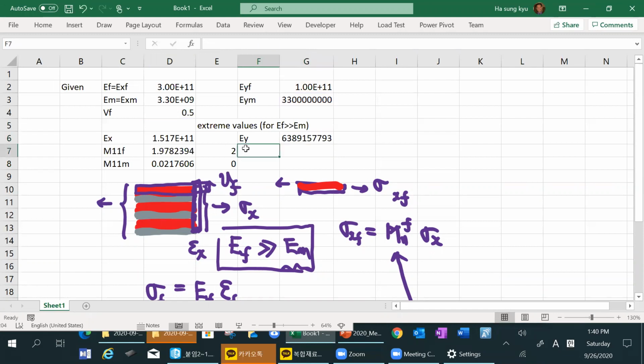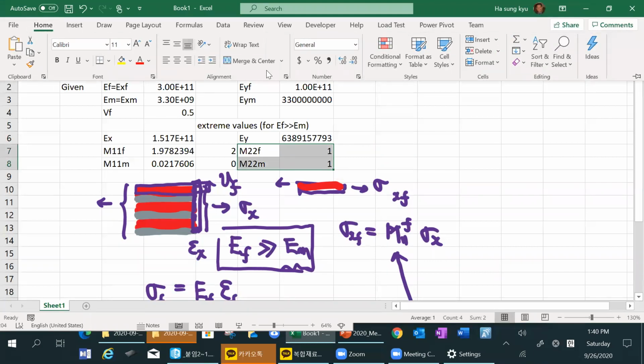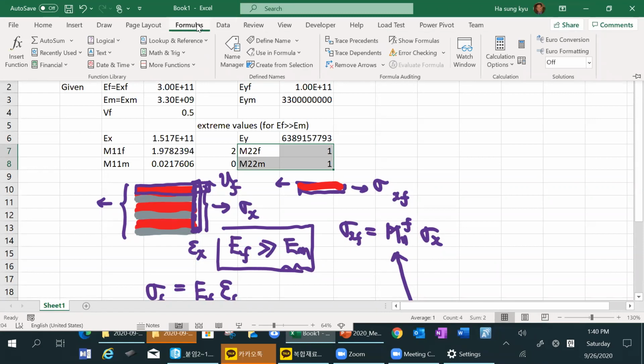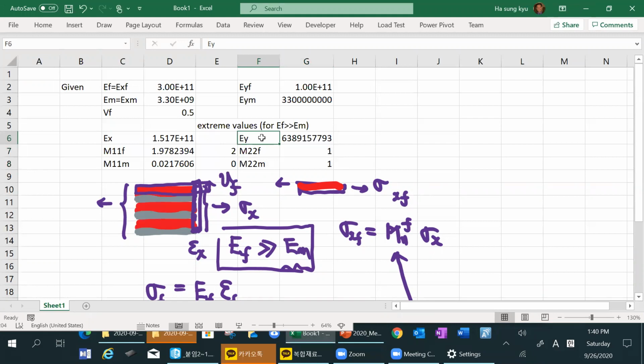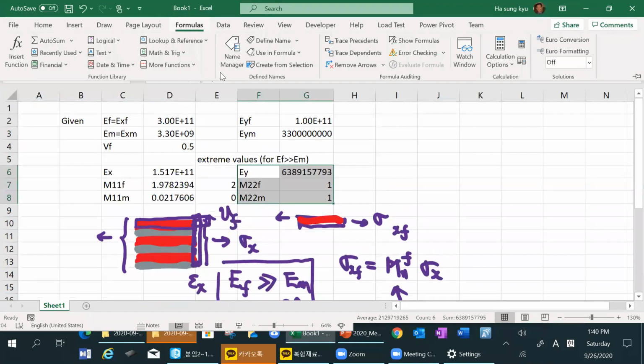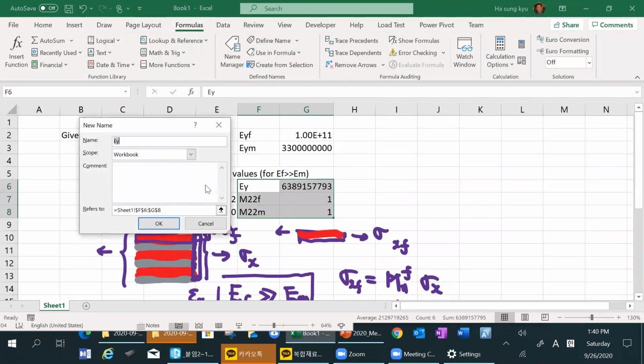Now, M11, now M22F and M22 matrix will be just nothing but 1 as we derived. Let's define the name. Oops, like that. Define the name.